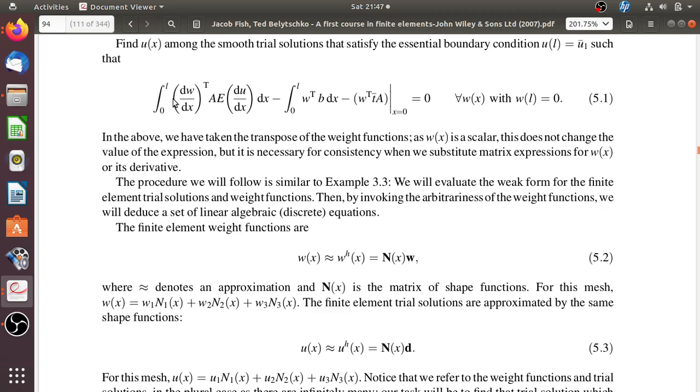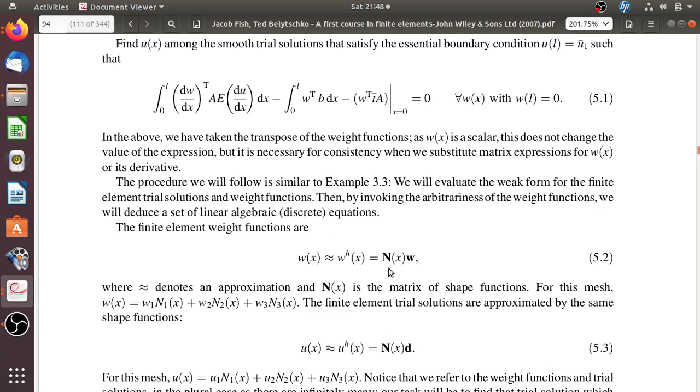Okay, we will have w transpose dN by dx transpose, and if I put this one over here, then I will get dN by dx into this d, okay, because d is again just a number, and only this shape function is going to be a function of x.